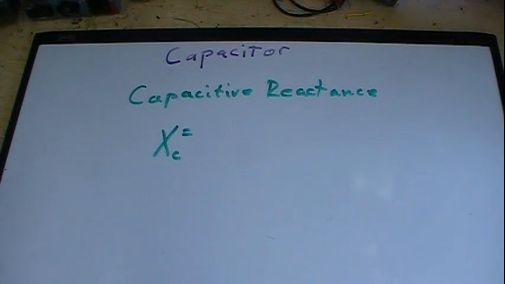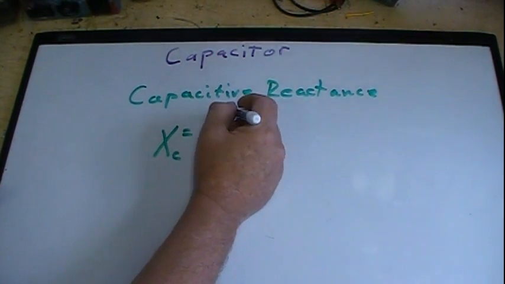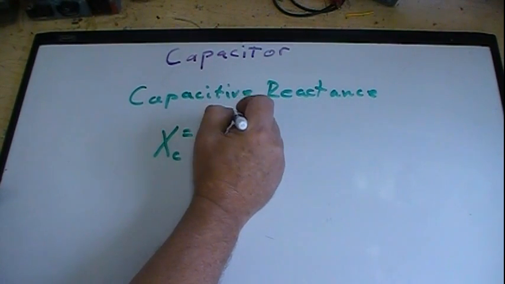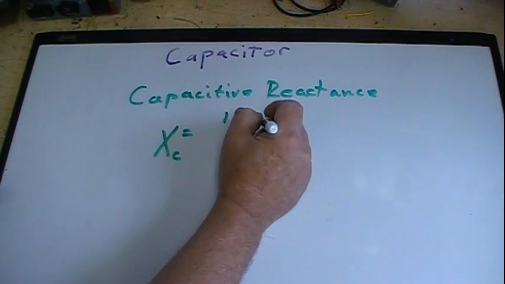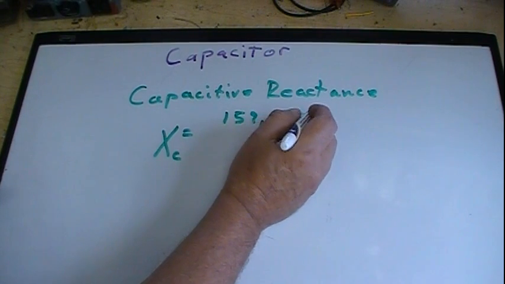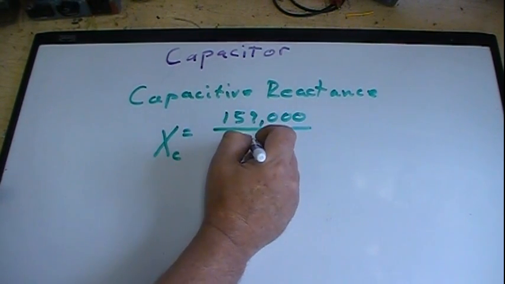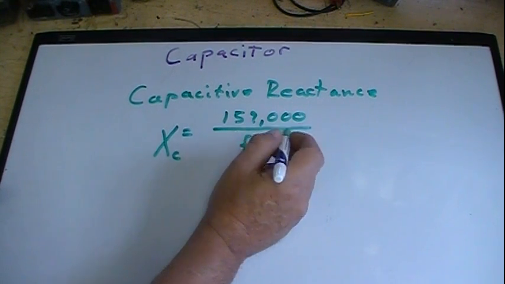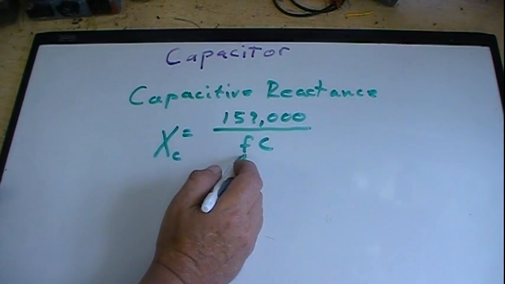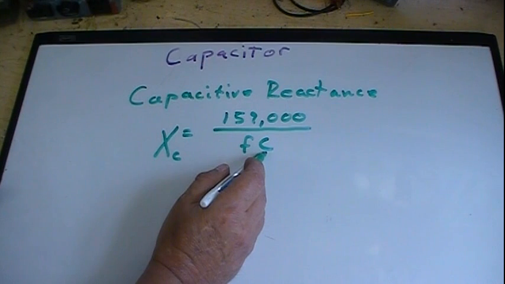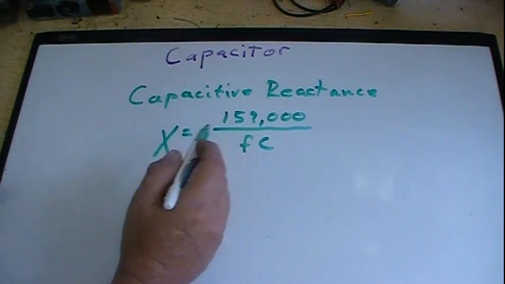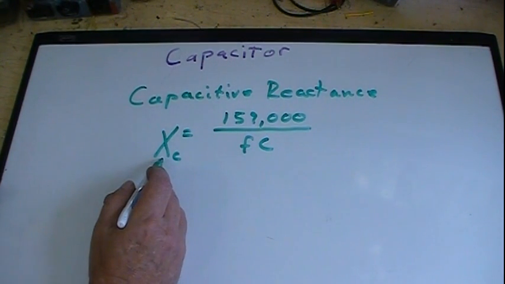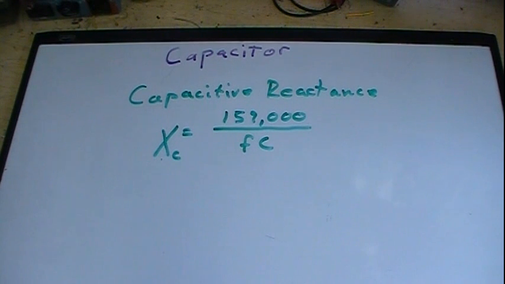So it's 159,000 over my frequency times my capacitance. Frequency again in hertz or cycles per second, but capacitance in microfarads. Still gives me capacitive reactance in ohms.